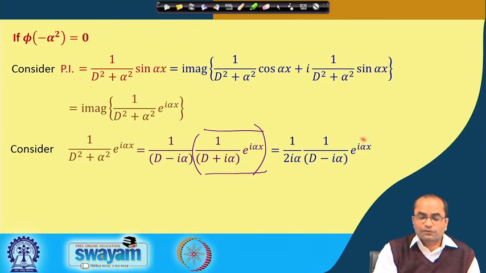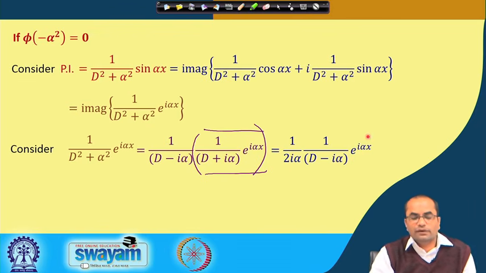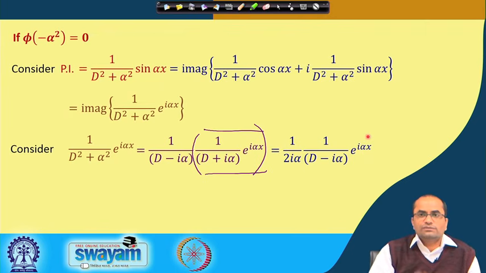Now, finally, this 1 over d minus I alpha on e power I alpha x is precisely the case which was also discussed separately there, that this is becoming 0 when we directly substitute d here, but we have derived the formula, and that says the value of this one here will be x over factorial 1 and this same e power I alpha x.